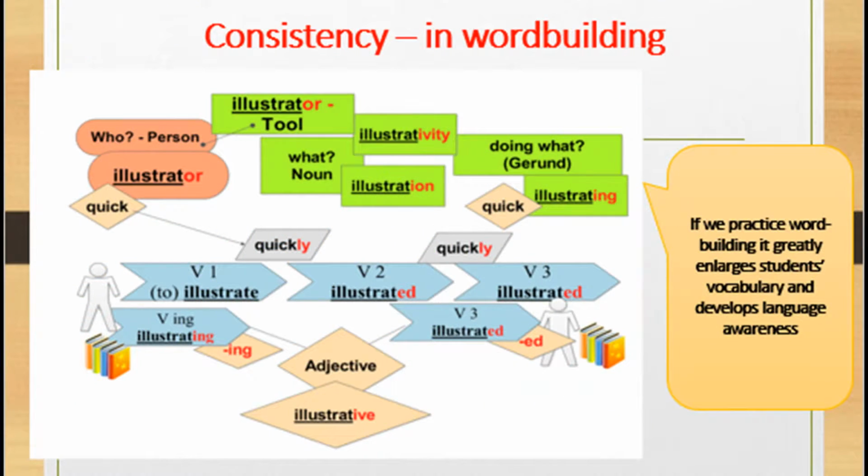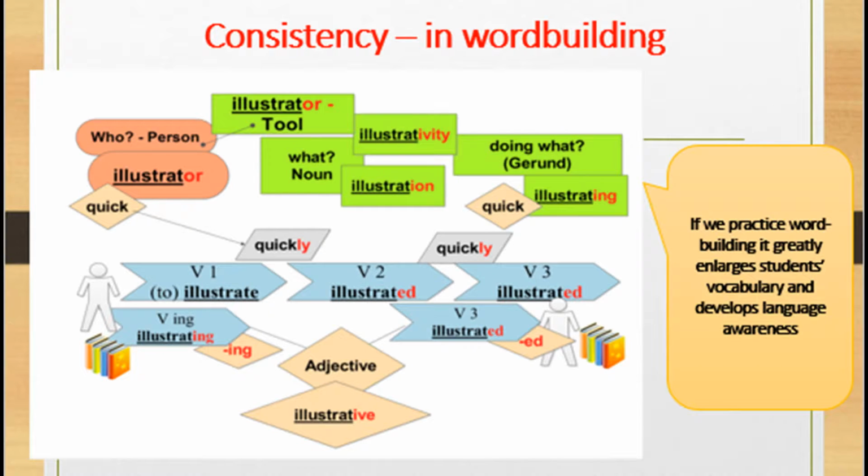Another idea of consistency is in word building. Word building is very important, and if we practice it all the time, it not only develops vocabulary, it also helps develop language awareness.